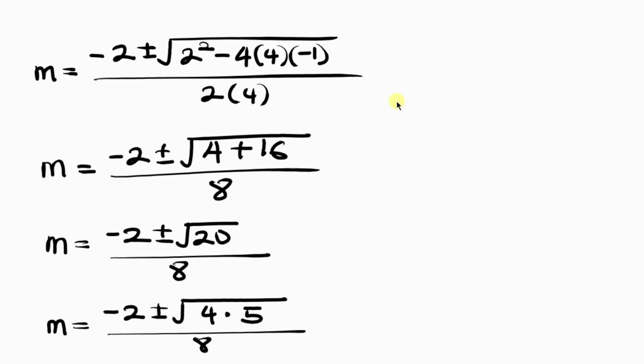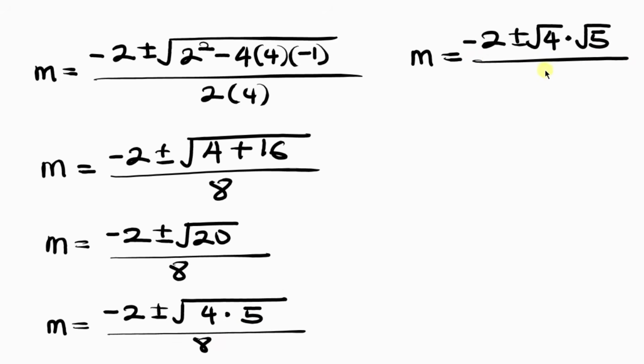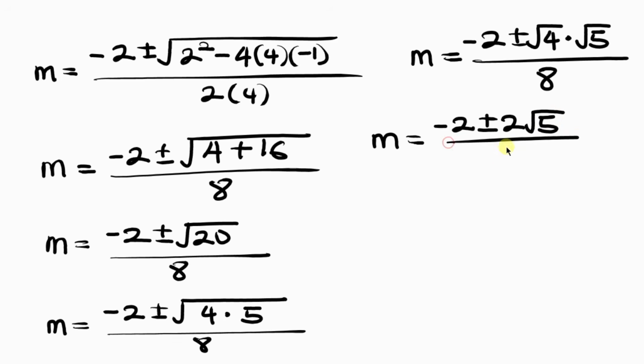Very good. So this becomes m equal to negative 2 plus or minus. Now since we have this contained inside a square root, it can be separated into the square root of 4 times the square root of 5, all over 8. Simplifying further, m will be negative 2 plus or minus the square root of 4, which is 2, times the square root of 5, all over 8.